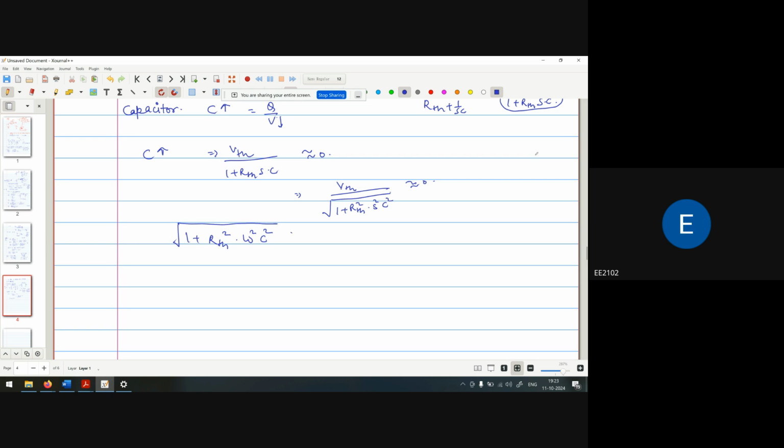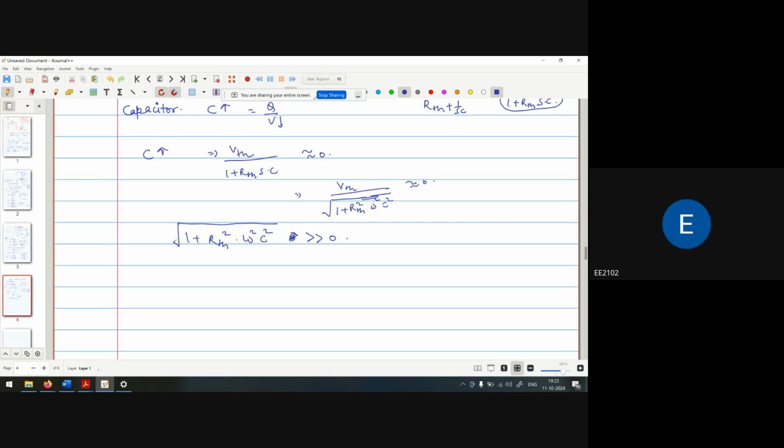That is very high, greater than 0. Why do we have the square root term? Because of the magnitude.